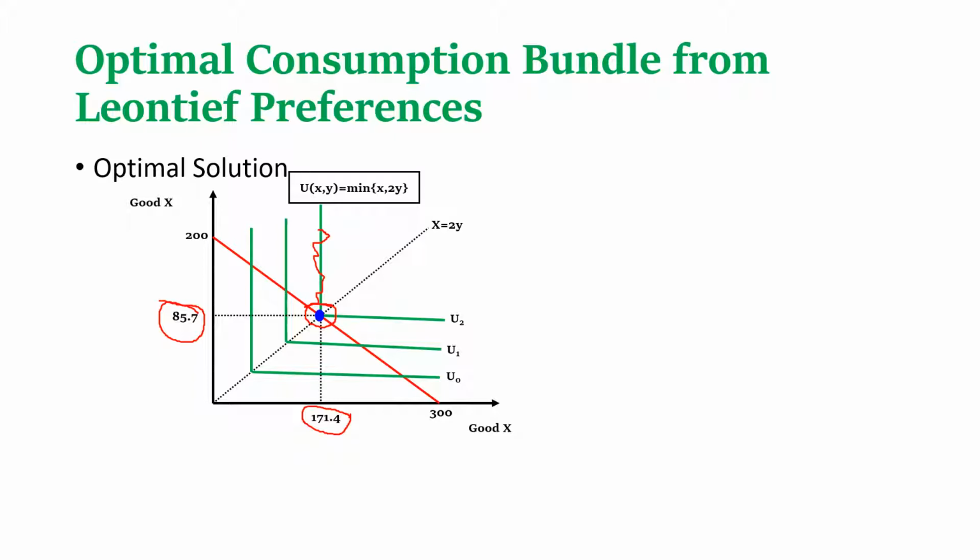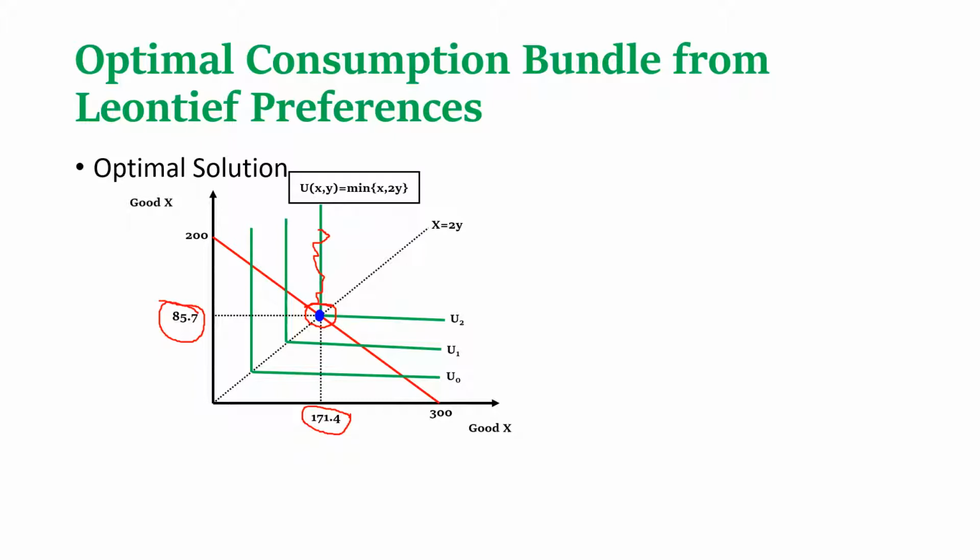It consumes 2 commodities, x and y, but the amount of x that it consumes is 2 times the amount of y consumed.